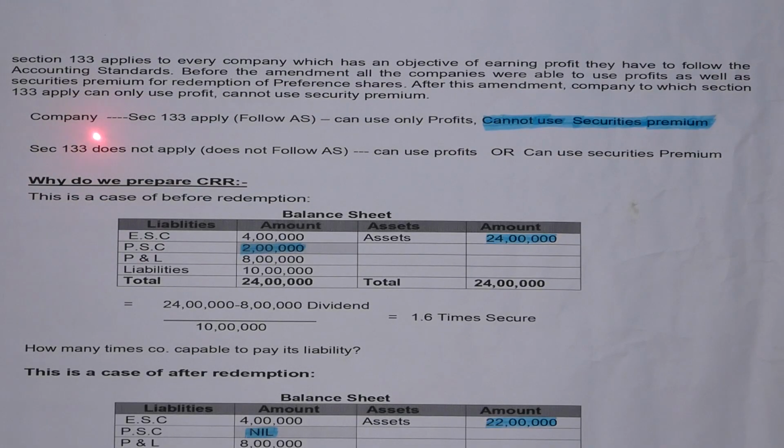A company to which section 133 applies and which follows accounting standards can only use profits, cannot use security premium. If section 133 does not apply, it does not follow accounting standards, and it can use profit or security premium. Before the amendment, all companies were able to use security premium as well as profit. But after the amendment, a company to which section 133 applies can only use profit, cannot use security premium.